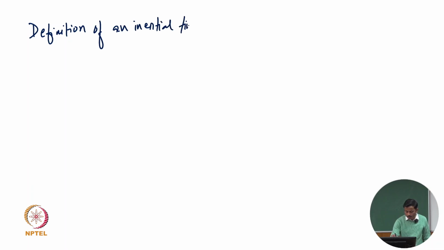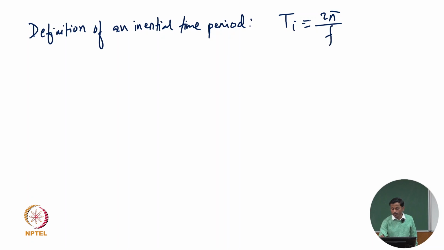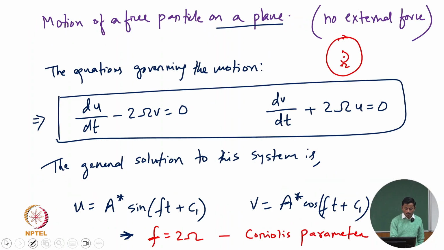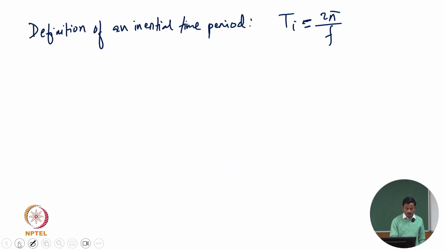This is from where you start your calculations. So we define something called an inertial time period. The definition of an inertial time period, Ti, is equal to 2 pi over f. The definition of f initially makes things easier for us.